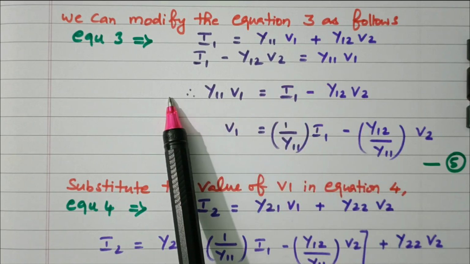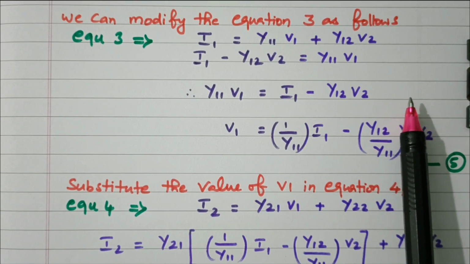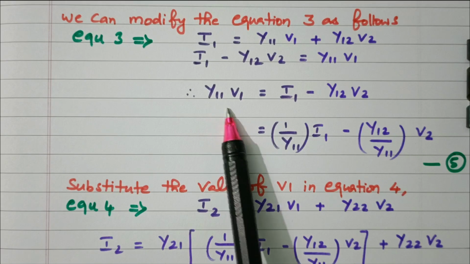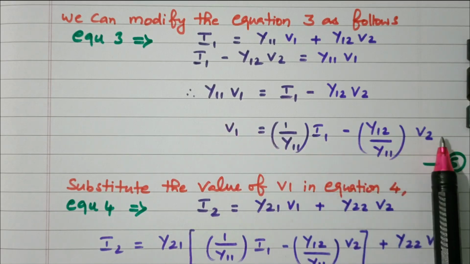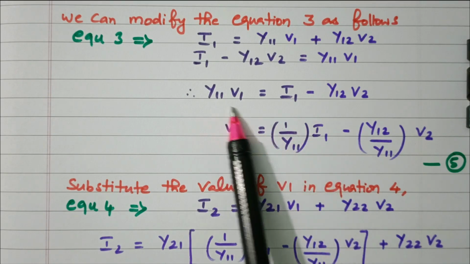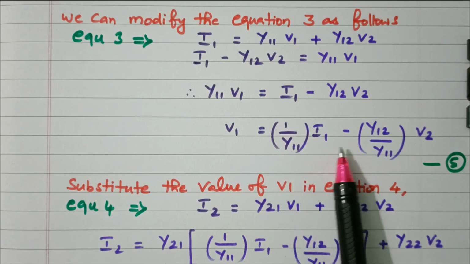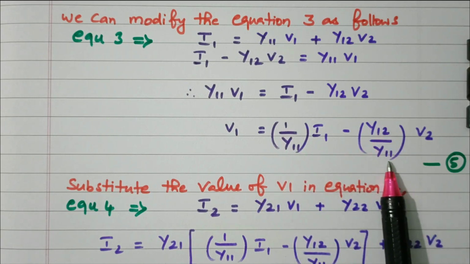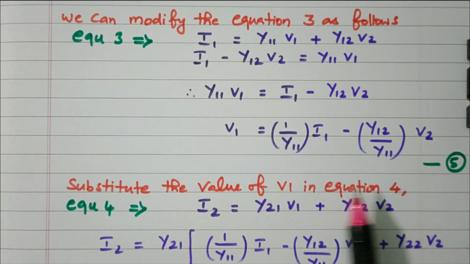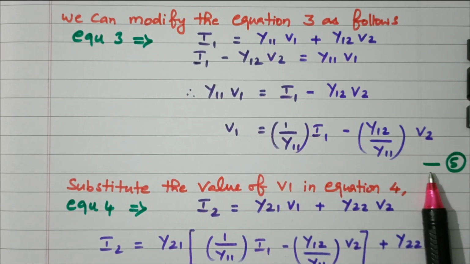This term is written left hand side, this term is written right hand side, just for simplification. Now Y11 is brought to the denominator on the right hand side: V1 equal to 1 divided by Y11 I1 minus Y12 divided by Y11 V2. Now we got the expression for V1. We'll take this as equation number 5.